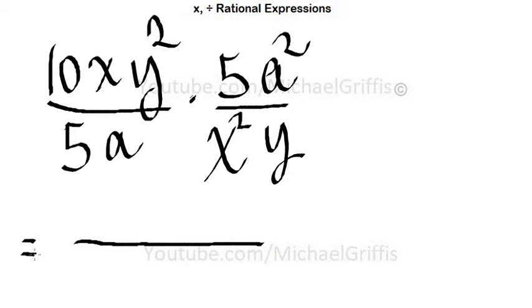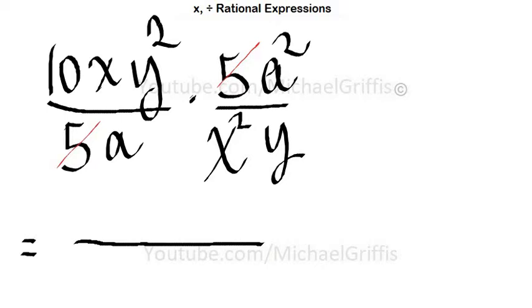But before we actually multiply anything together, there's a 5 down here in the denominator, and there's a 5 up here in the numerator. We can go ahead and cancel them out.